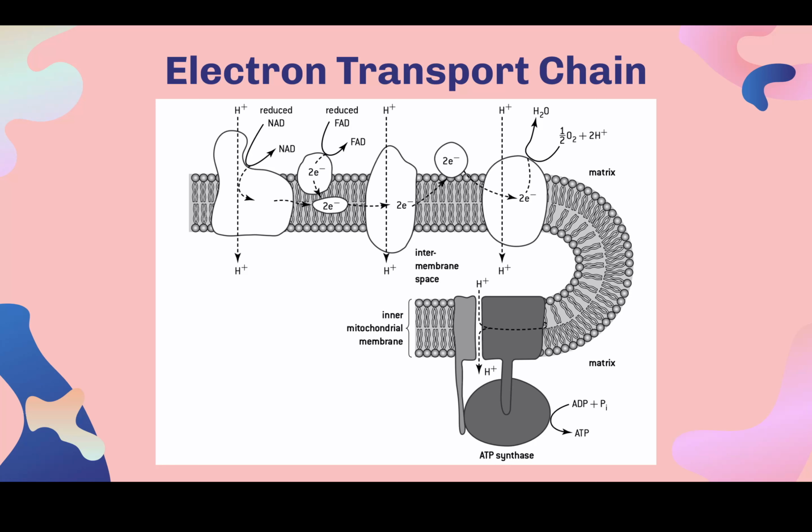Since there's extra hydrogen from NAD and FAD in the matrix, how is it accepted outside? So oxygen is the terminal electron acceptor in the ETC in cell respiration.